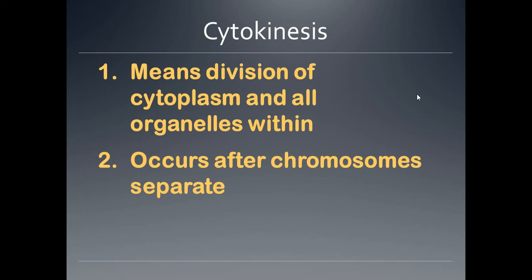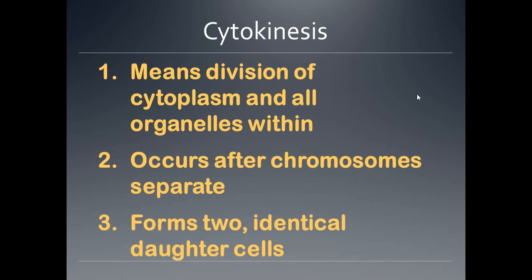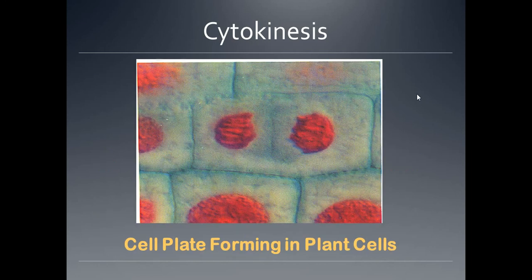They need to have the exact matching pair in each side, and then the rest of it kind of splits up based on where it's located. And when cytokinesis is complete, you have two identical daughter cells. So you can see the nucleus is forming around the chromosomes and they've begun to unwind, and then you have this plate in the middle.